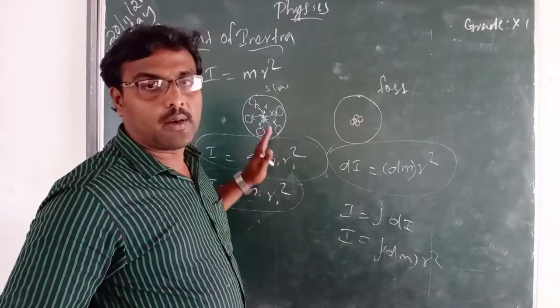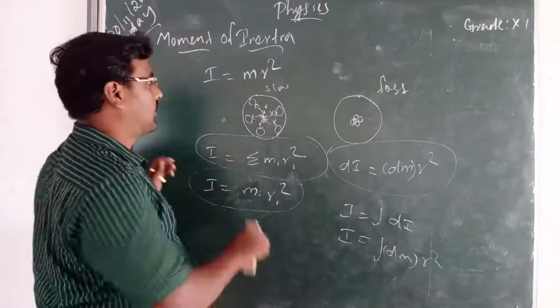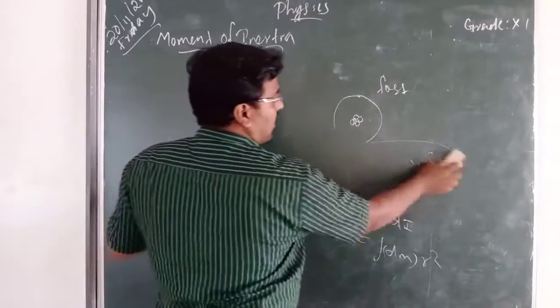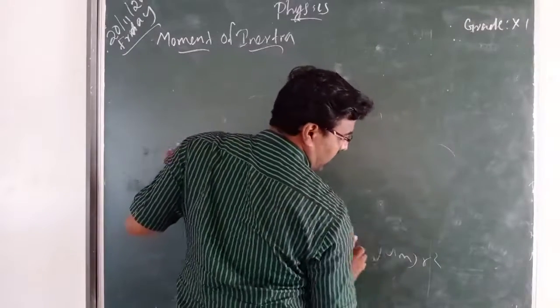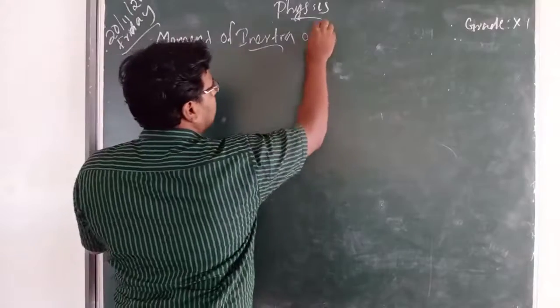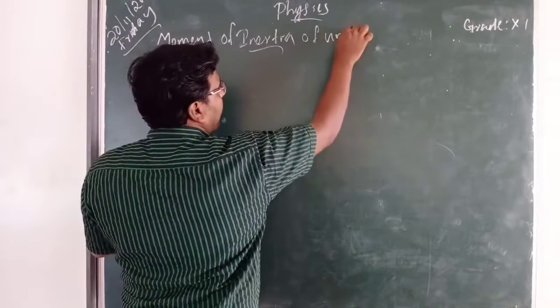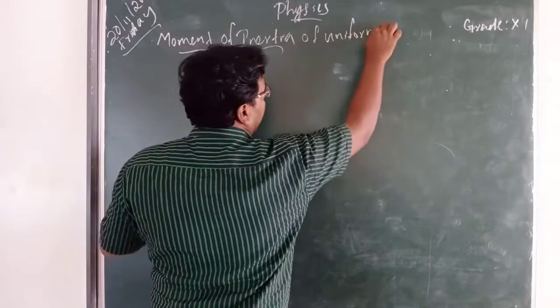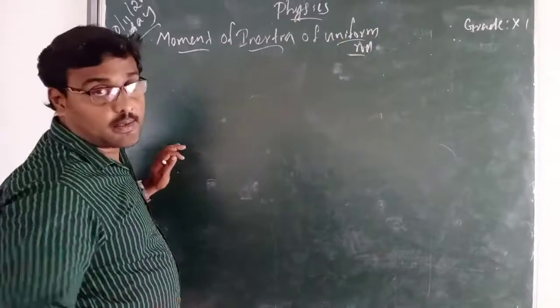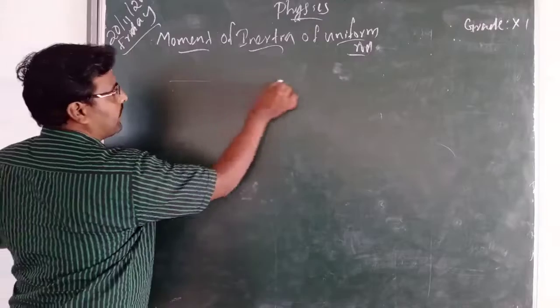So now we can go through the first question: moment of inertia of a uniform rod. You can see the textbook diagram. One diagram is given.